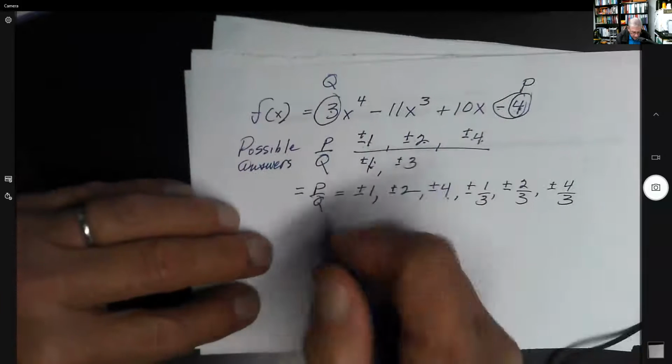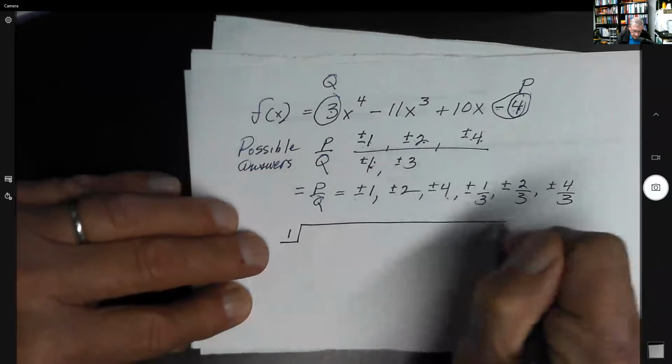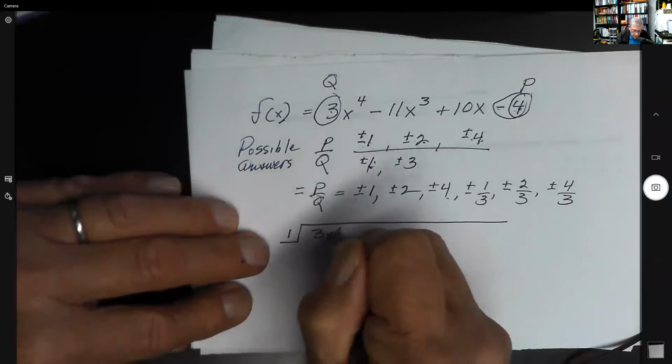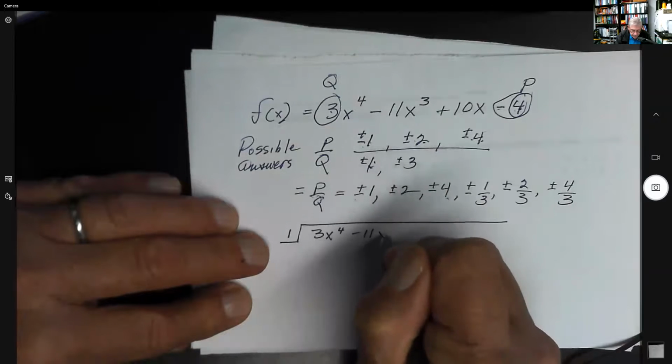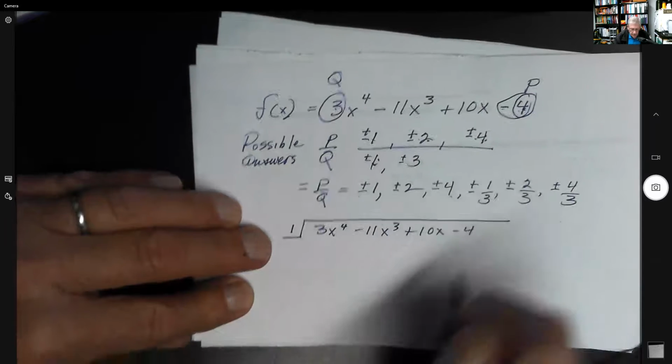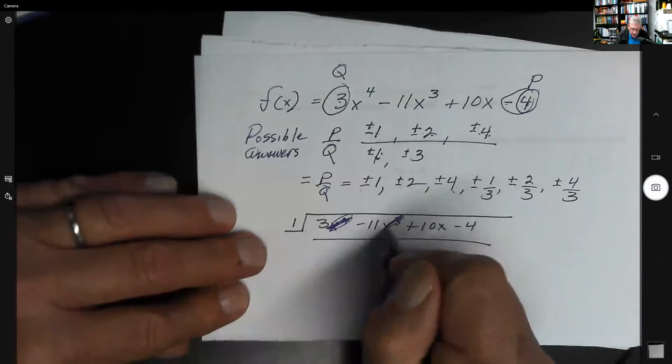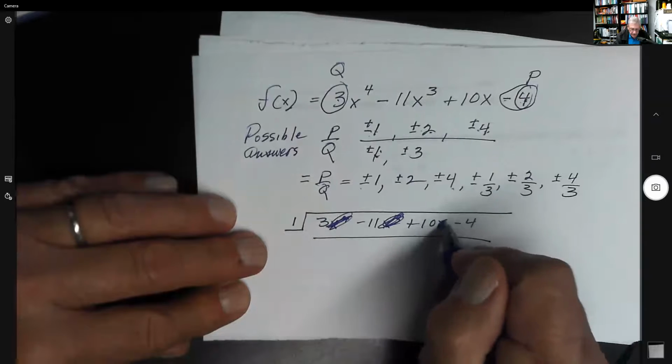We try each one. We're going to try 1, and we're going to divide that by 1. Now, we only needed the coefficients. I don't know why I wrote all that down.